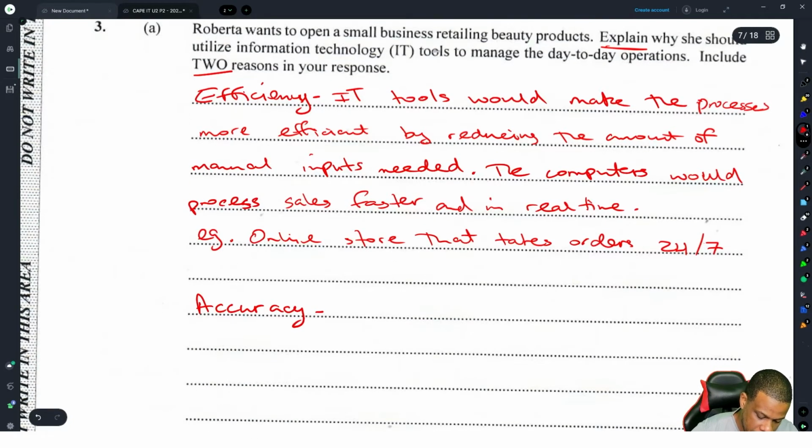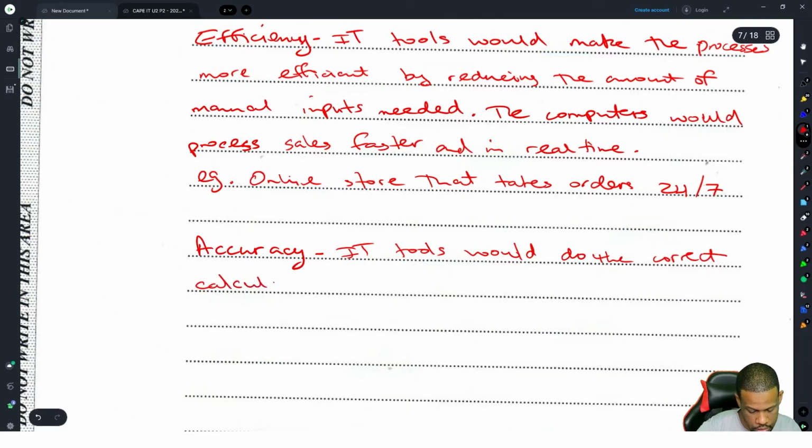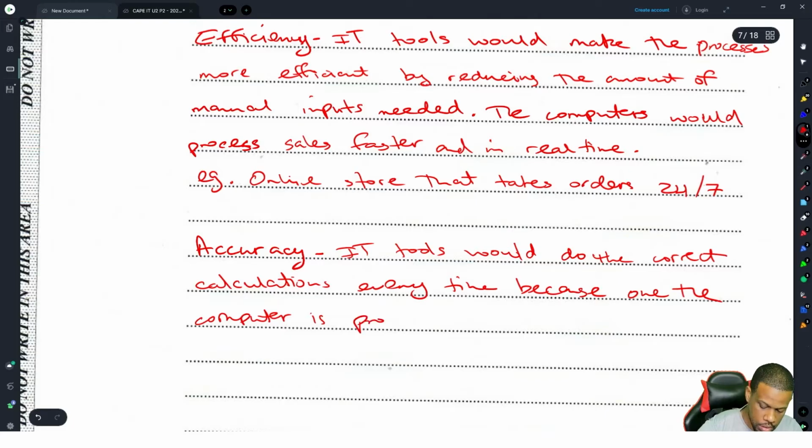Then we could say accuracy. IT tools would do the correct calculations every time, because once the computer is programmed properly, it will repeat without error.